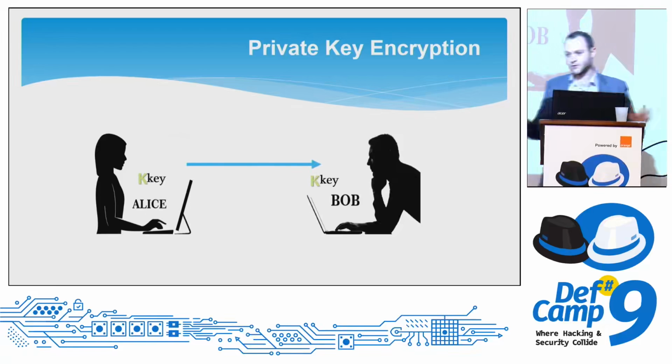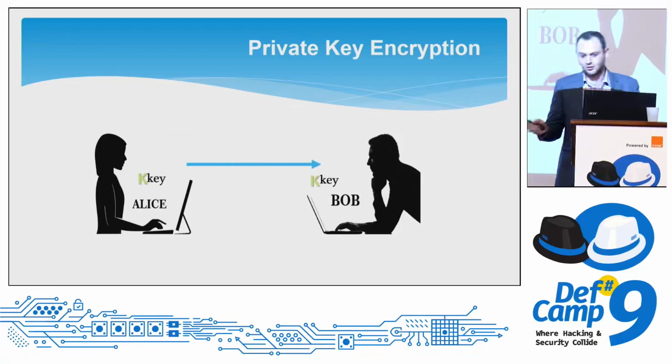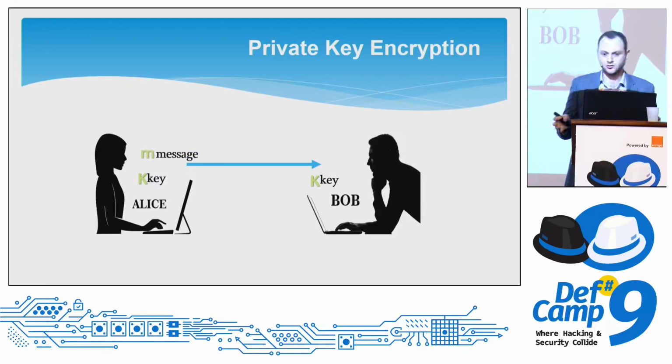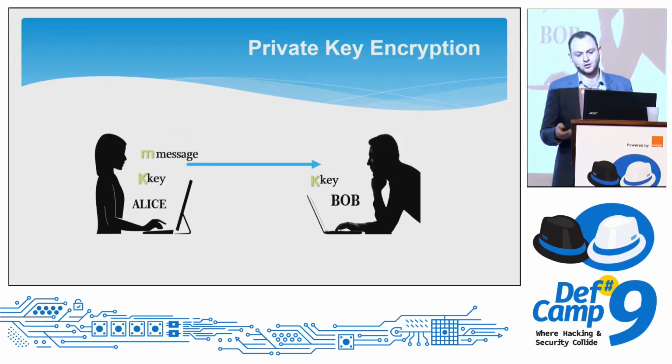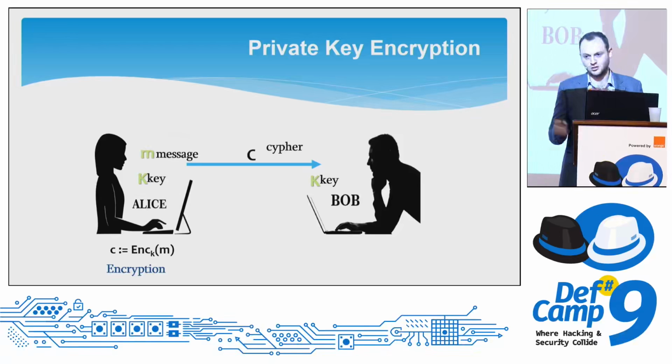Okay, so first of all, they have to generate the key, and they share this key. Afterwards, Alice has her message, and she wants to encrypt it. So she needs an encryption algorithm. She uses the key and gets her cipher. She sends the cipher to Bob.